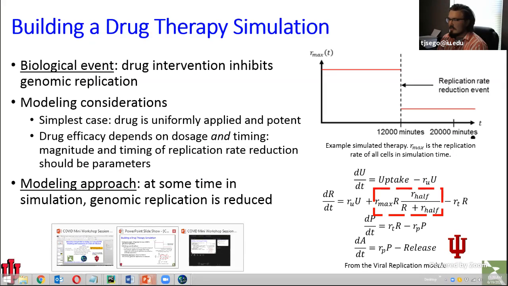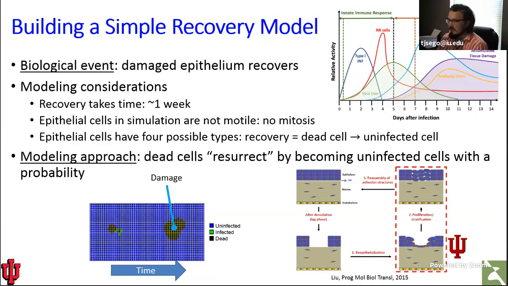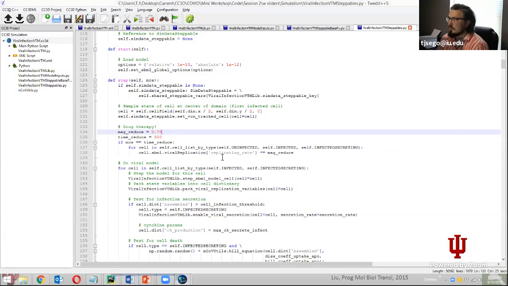And let's return to the slides. Let's start on building our first stepable. Our first new stepable, that is. We can actually, very briefly, let's go back to Twedit. We don't need to delete the drug therapy code that we've implemented here.